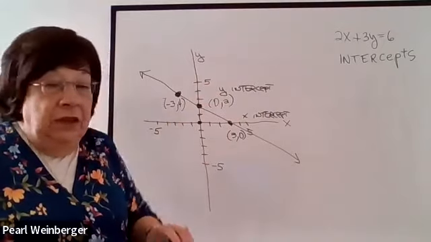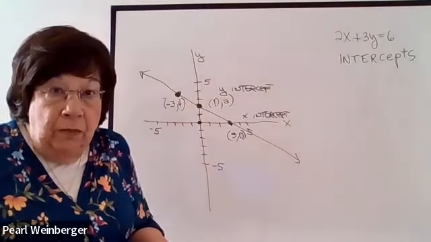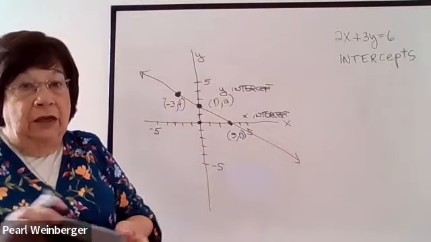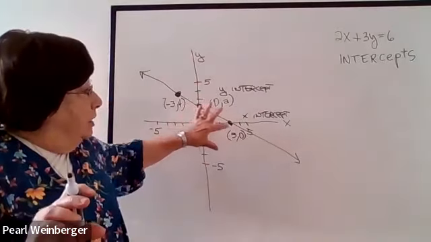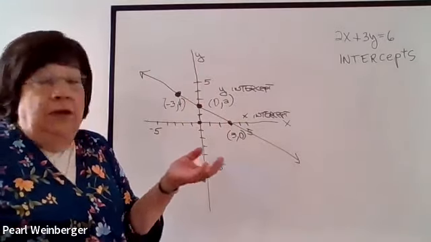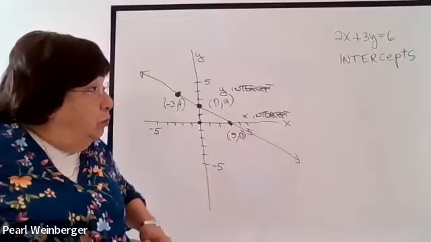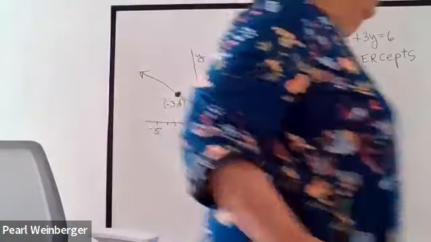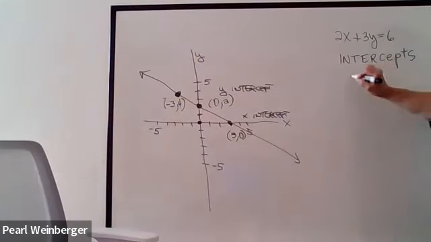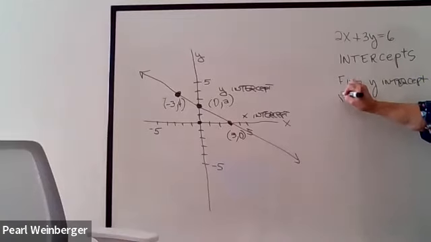How do we find the intercepts from the equation of the line? If we could find the x-intercept and the y-intercept of the line, then it would be relatively easy to draw the line. All you'd have to do is connect those 2 points. So here's the rule. To find the y-intercept, replace x in your equation with 0.